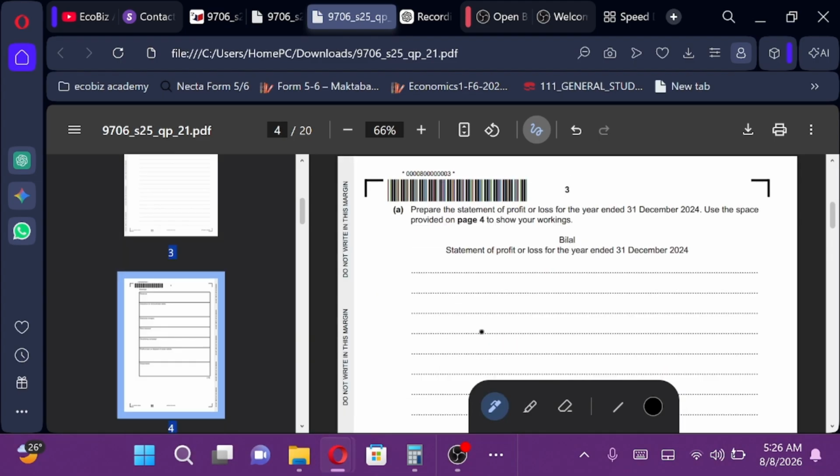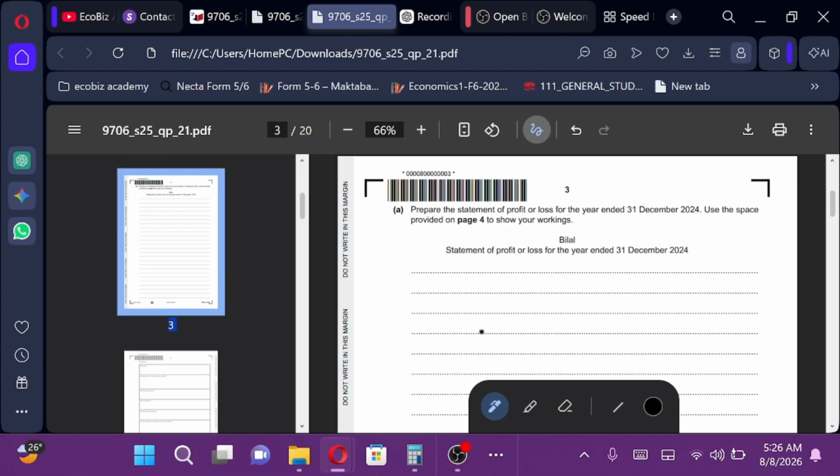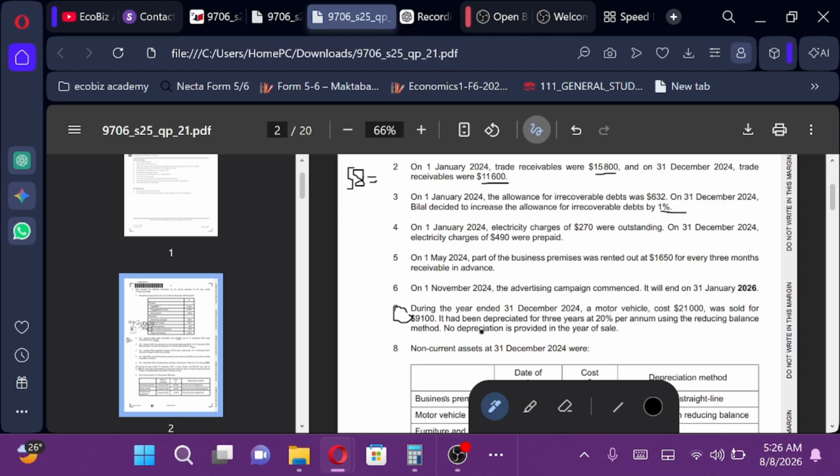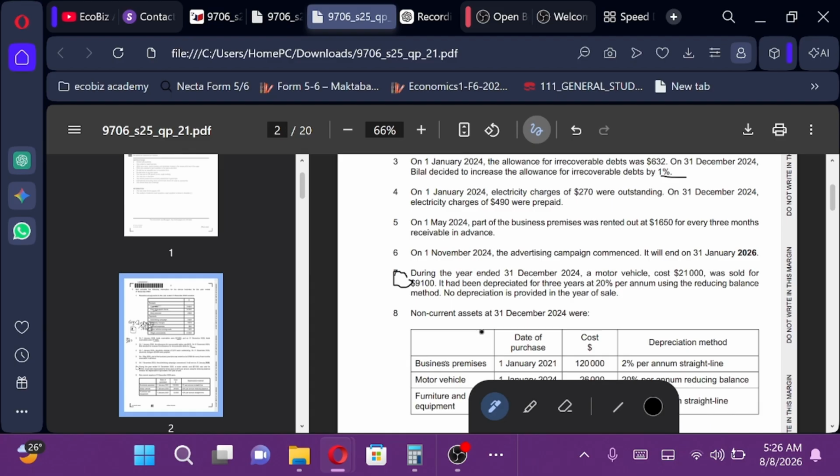This question is actually quite hard. But anyway, it says here, number 7 on additional information: during the year ended 31st December 2024, a motor vehicle costing $21,000 was sold for $9,100. It had been depreciated for 3 years.